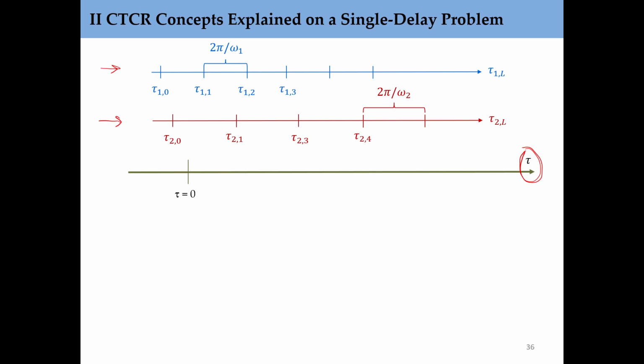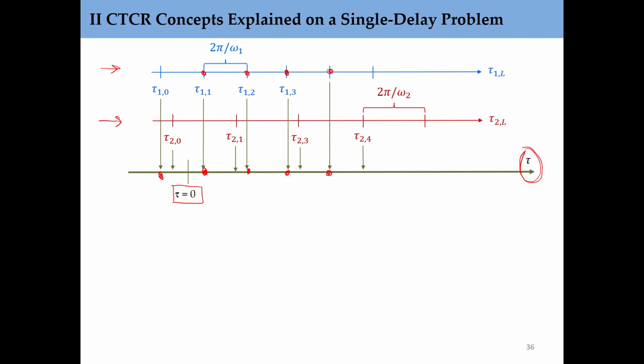And of course, delay equals 0 is our origin, right? And what we need to do is project all these delay values from each of these axes onto our actual delay line in green. So if, let's say, blue delay values are happening more frequently, and you drop them over the delay axis, the blues will appear more frequently than the others.